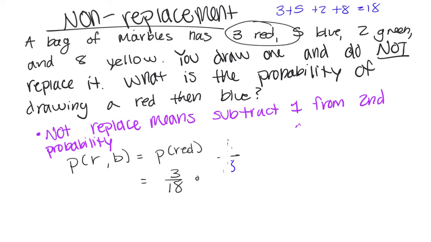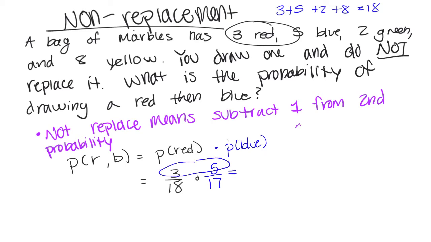And then we're going to multiply it by the probability of blue. Okay, so since I drew a red one, there's still 5 blue ones left in the bag. But since I took that one out and I didn't put it back, there's only 17 left in the bag.